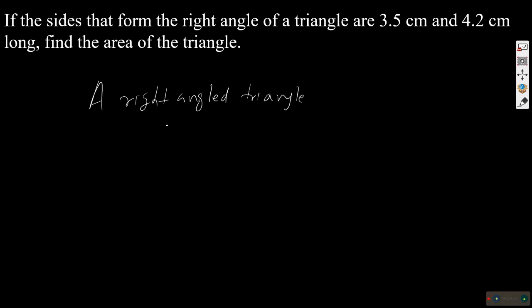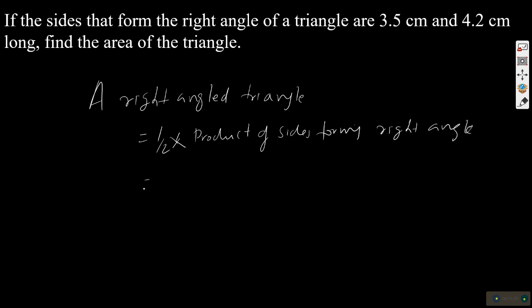You will simply write half into the base into height, though even if you don't write it, it will work, because it is the product of the sides forming the right angle. So what you will write is half into, as given, the sides that form the right angle of a triangle.